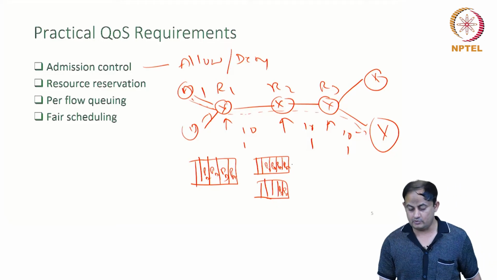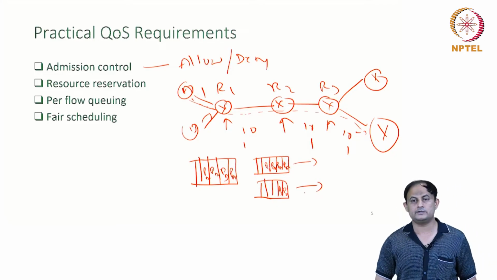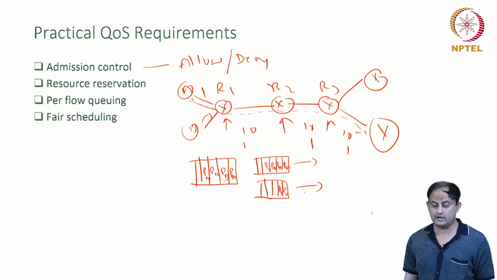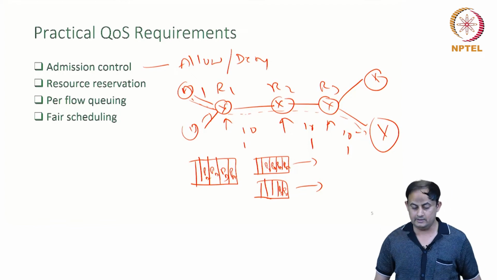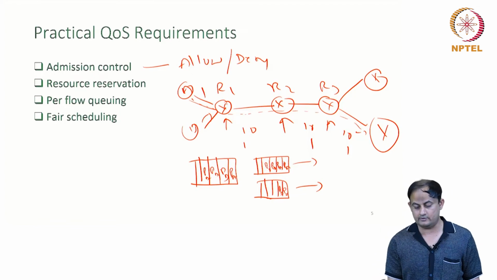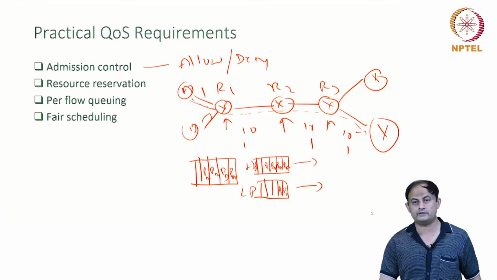Now, if I want, I can give certain priority to people. Maybe A and Y have got priority in communication. I can tell that this is the highest priority queue, and the second one, this is the lower priority queue.